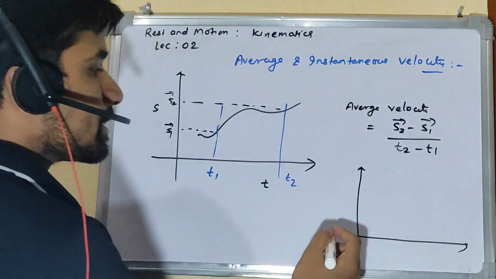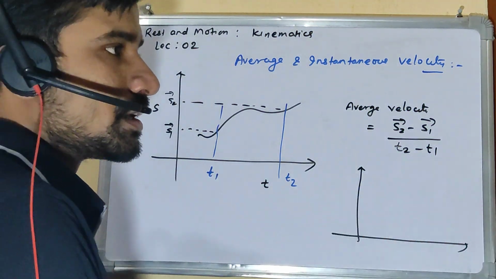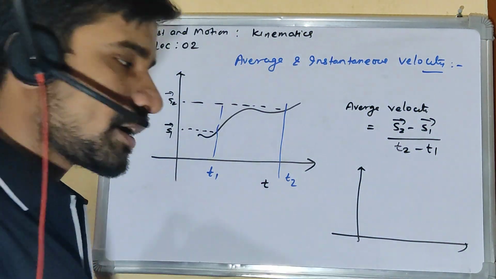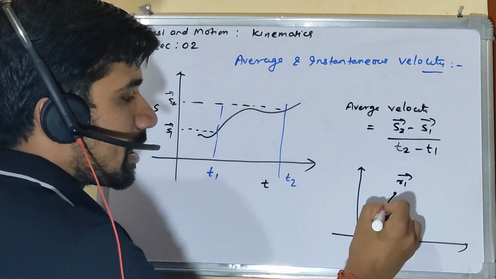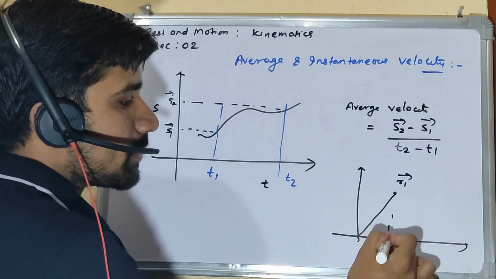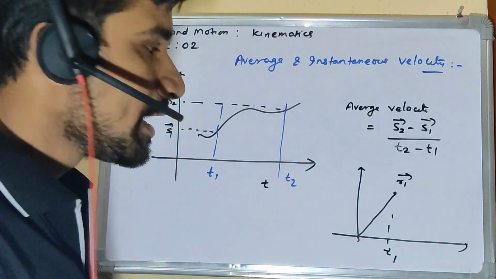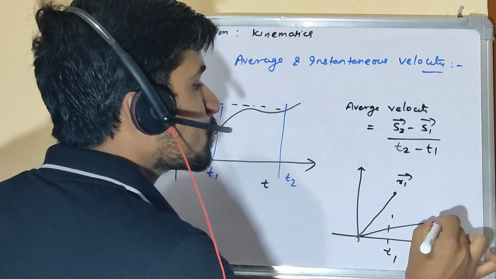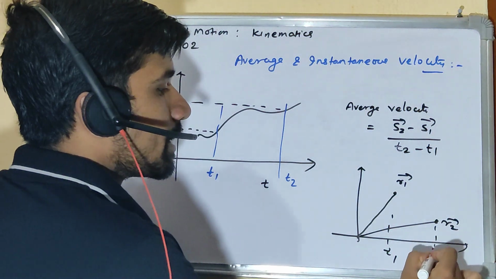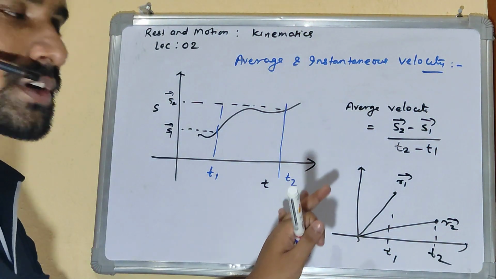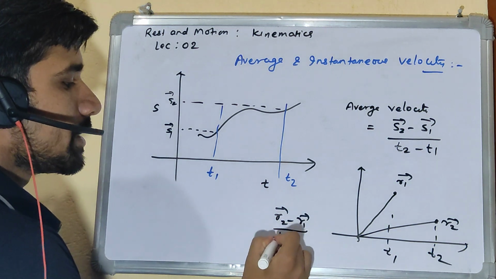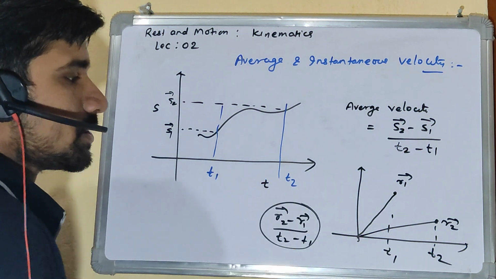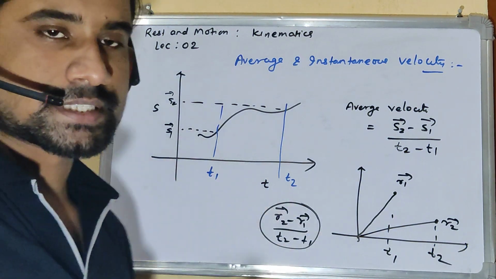Let's say these are position vectors, and I'm plotting them on the xy plane. This is, let's say, the r1 vector, and the particle is at r1 at time t1. At time t2, let's say it moves to the r2 vector. Then what will be my average velocity? It will be nothing but (r2 vector minus r1 vector) by (t2 minus t1), right? So this is how we calculate average quantities.